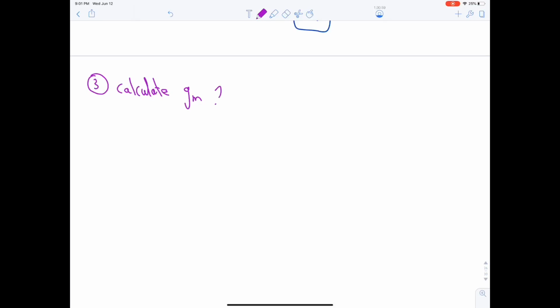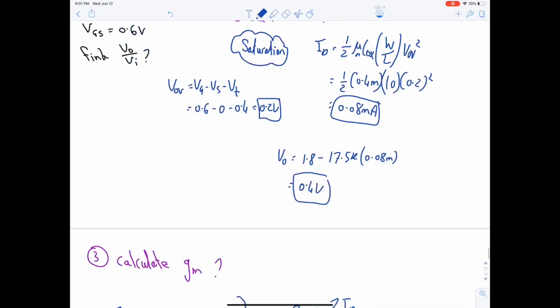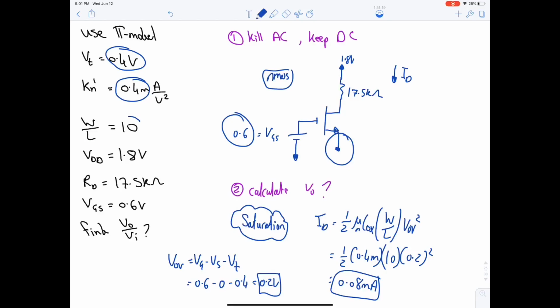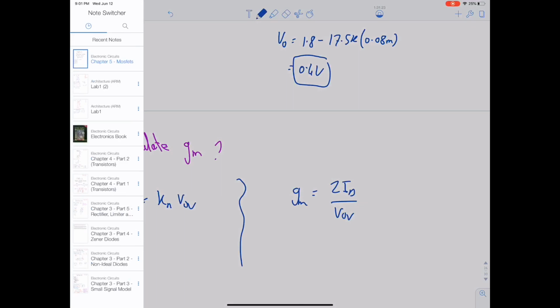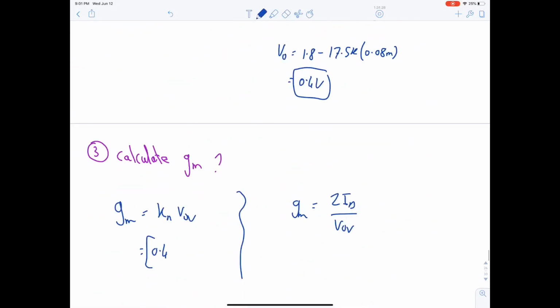Now we said GM has two equations. It's Kn VOV and 2ID over VOV. Just this time I will solve it using the two equations. I just want to prove to you it will give you the same answer. Now what's Kn? Kn is 0.4 milli multiplied by 10.